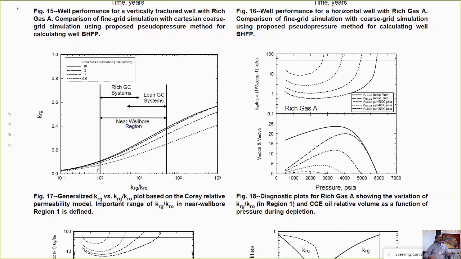Yeah, so we're going to talk about that in this last session. First you want to look at modeling, where you use a range from very optimistic to very pessimistic rel perm. Then you can identify if you see a big effect on the production performance. Then you need to make the measurements to find out which pore size distribution it is.